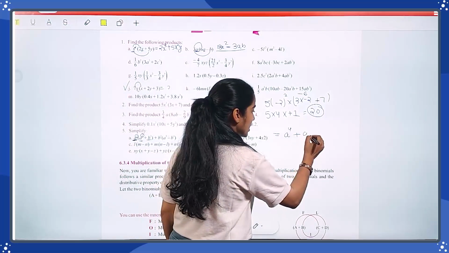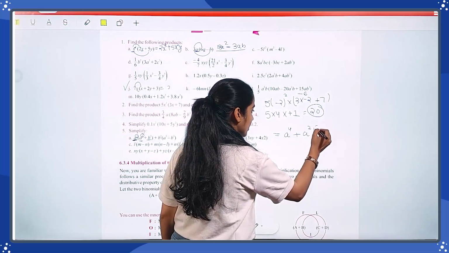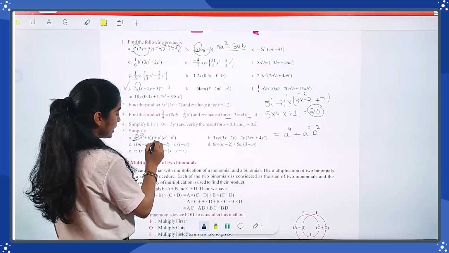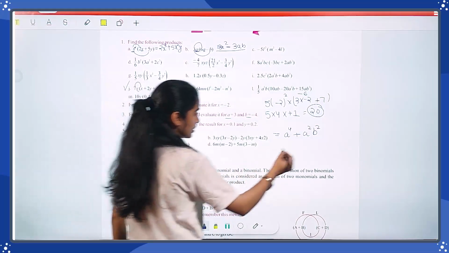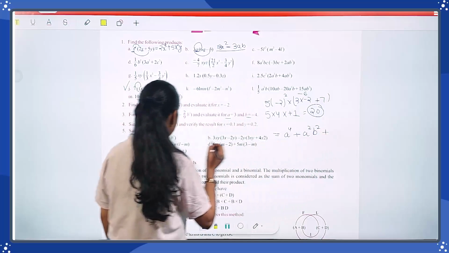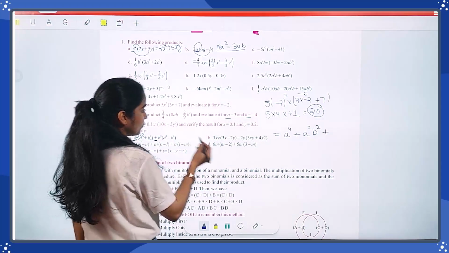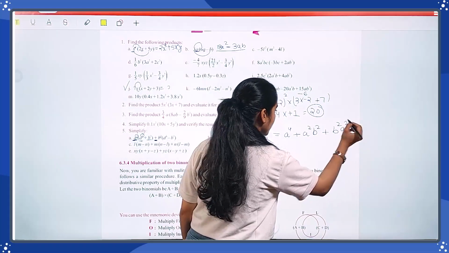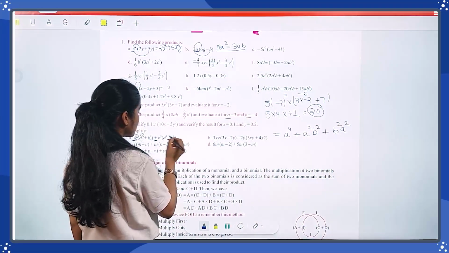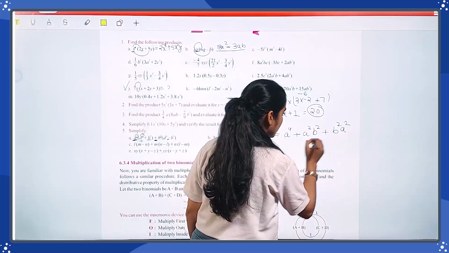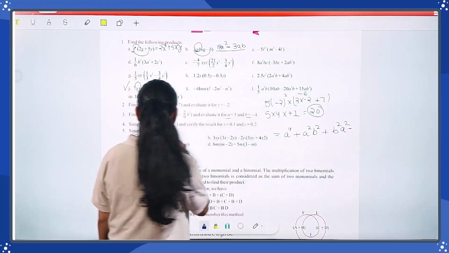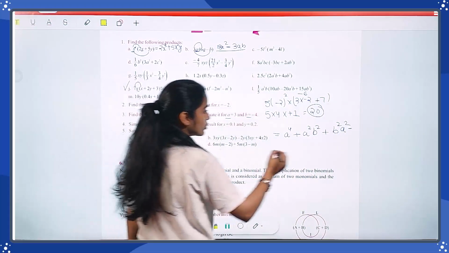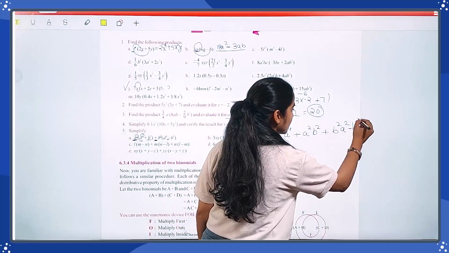Next we have another bracket. Just put the plus sign over here. Next B square A square, which means B square multiply by A square. Next minus, so we have to take the sign of minus. Next B square and B square, which means B raised to the power 4.